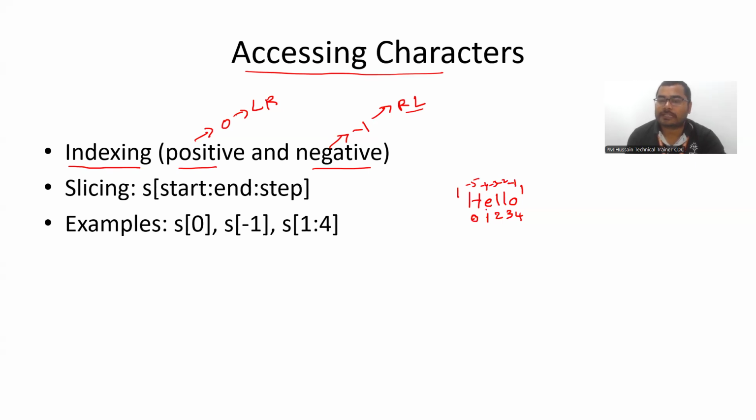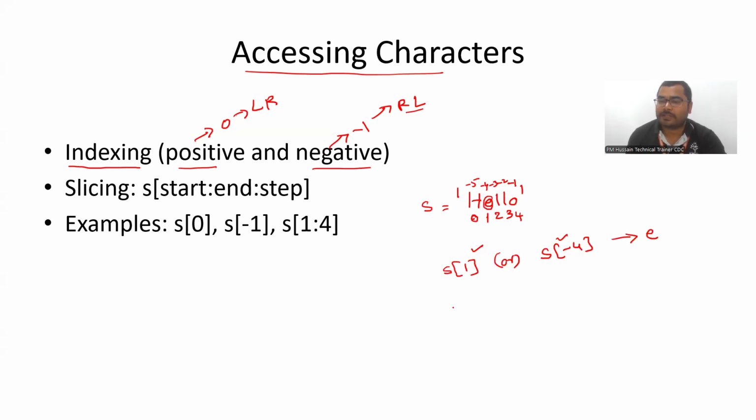Now if you want to access the strings, you can use these indexes. Suppose this is stored in a variable s. If you want to access the e, you can use the index of that e, which is either 1, or you can use the negative index also. The e is at the negative index -4. So s of 1 or s of -4 will both give you the character e.